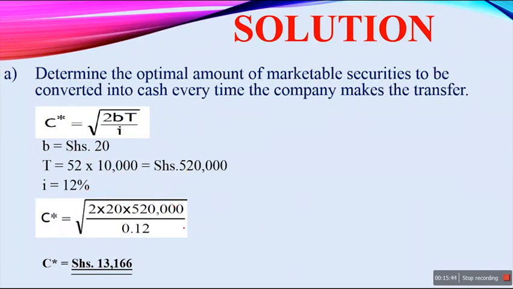In solving the question, we get the optimal cash balance to be 13,166. So this means that at any given time, the organization has to maintain 13,166 as the optimal amount of cash.